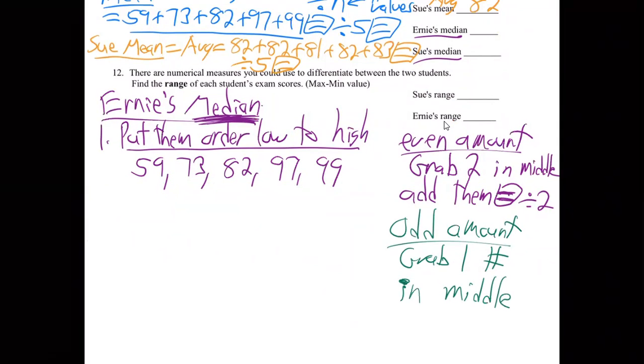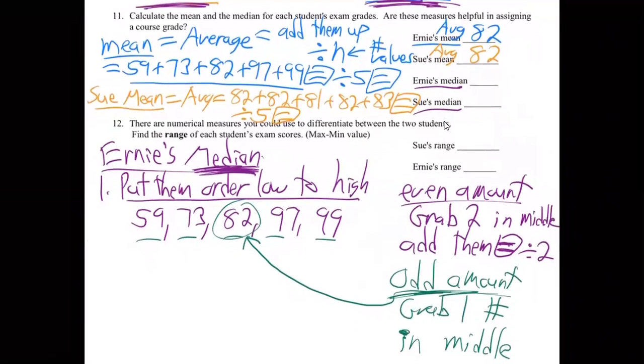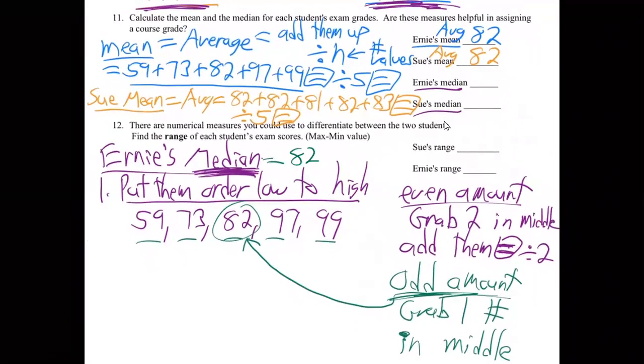So what's the 1 number? We have 1, 2, 3, 4, 5 numbers. So do we have an even amount or odd amount? They're odd. So we just grab the 1 number in the middle. Who's in the middle? 82. There it is. So the median for Ernie is the same as his average, coincidentally.